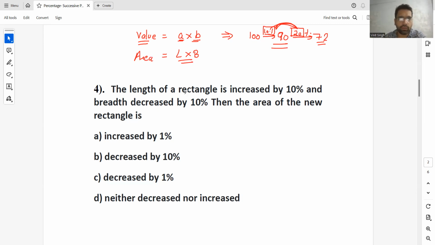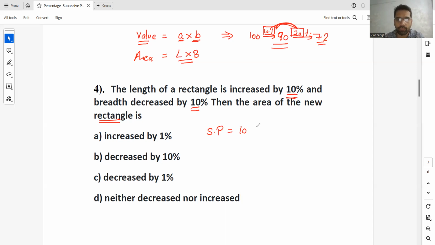Here, the length of the rectangle is increased by 10% and the breadth is decreased by 10%. Then find the area of the new rectangle. The length of the rectangle is first increased by 10% and the breadth is decreased by 10%, and we have to find the area of the new rectangle. Here we will apply the successive percentage formula.